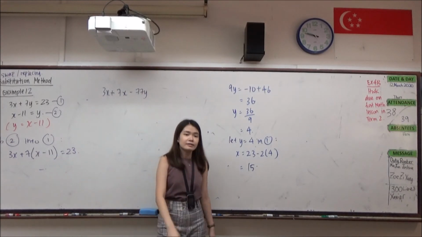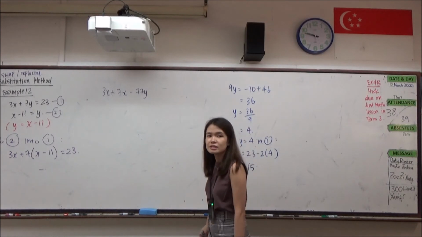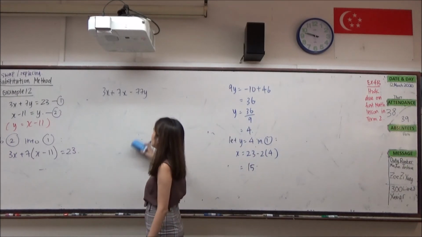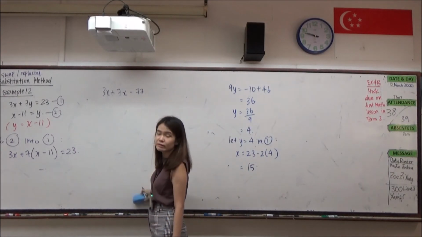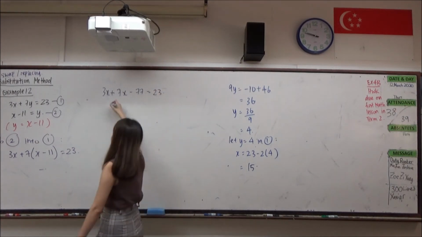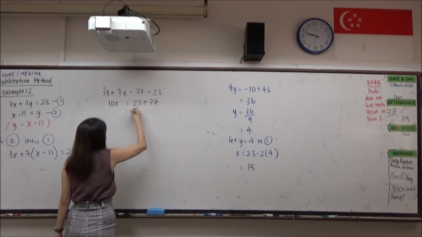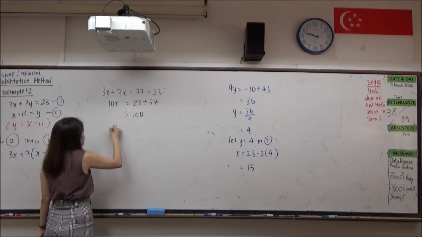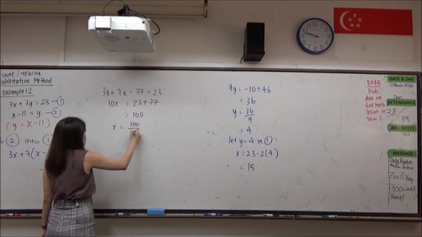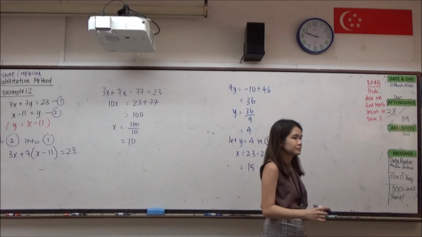So it's minus 77 only, right? Equals 23. Then we simplify this, and we find that x equals 10.